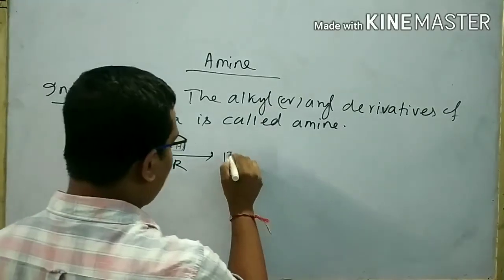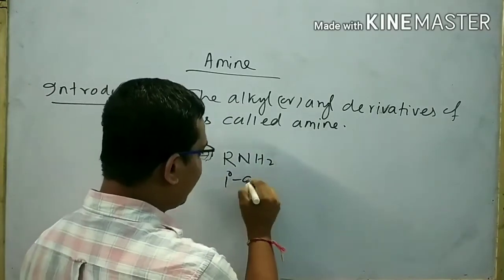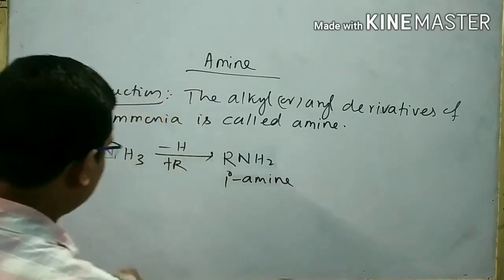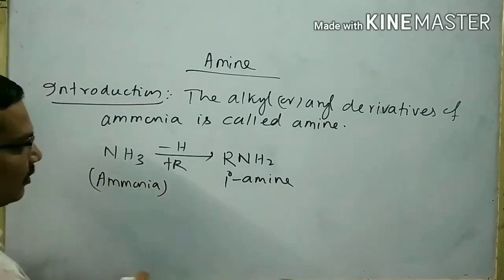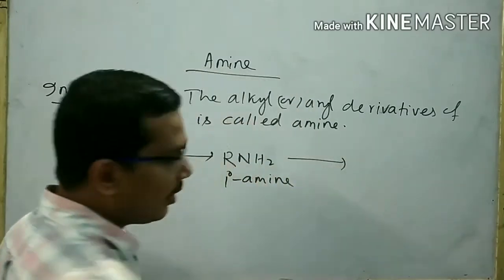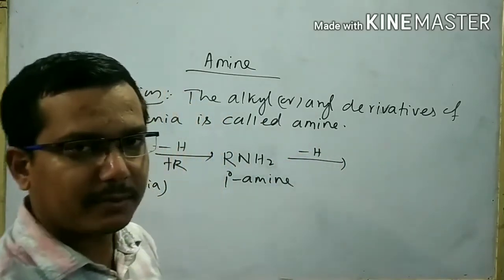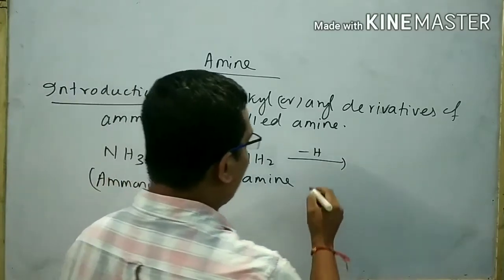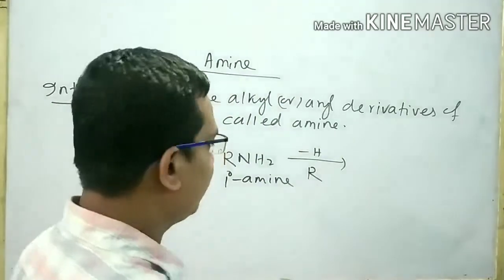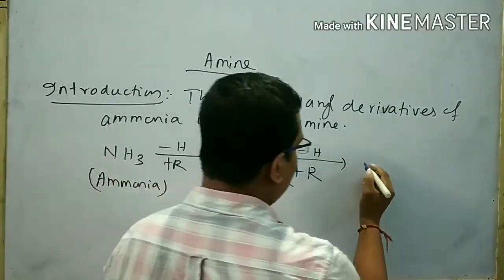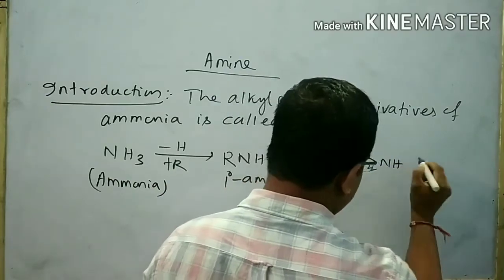Then we find RNH2. This is said to be 1 degree amine. This is said to be ammonia. Again, when I remove one hydrogen from 1 degree amine and add one R, that is your alkyl or aryl group, then I will get R2NH.